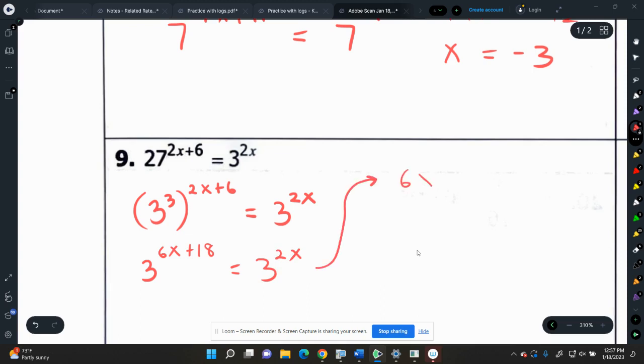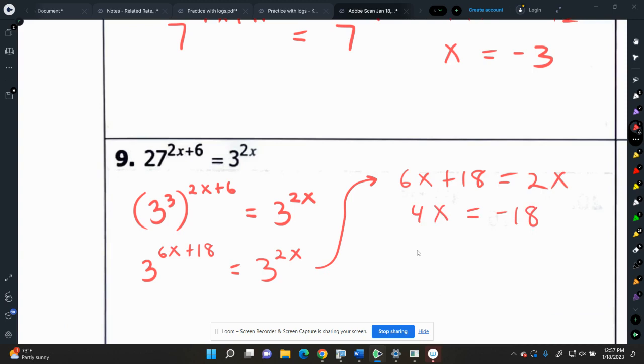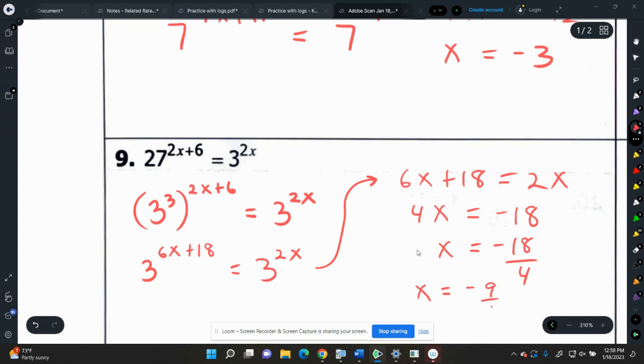So that means 6x plus 18 equals 2x. 4x equals negative 18. Is that correct? Let me just double check my work. 3 to the third, 2x plus 6, so 6x plus 18. Okay. x equals negative 18 over 4, or x equals negative 9 halves.